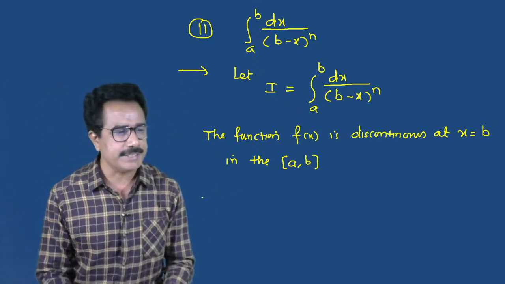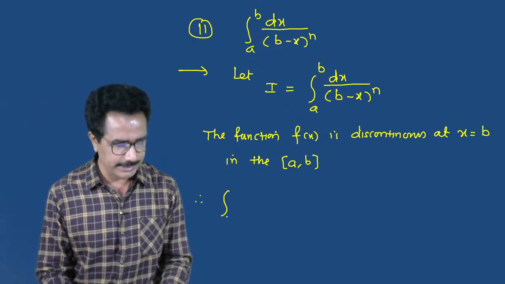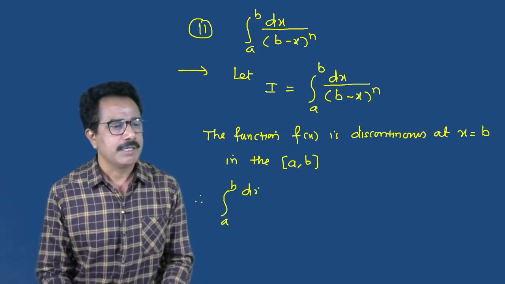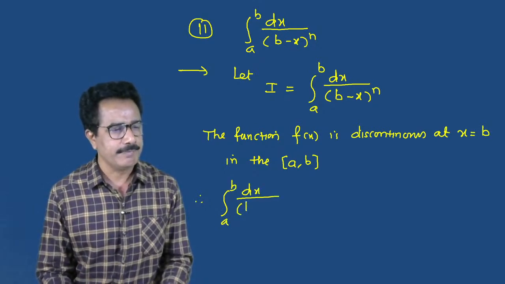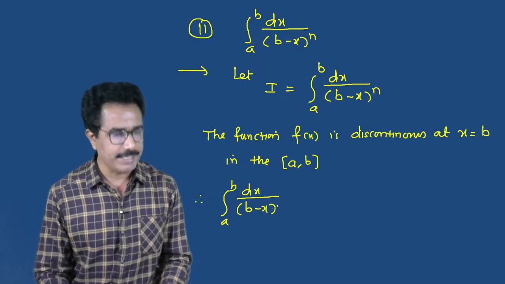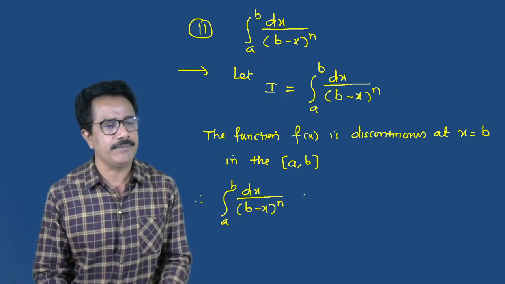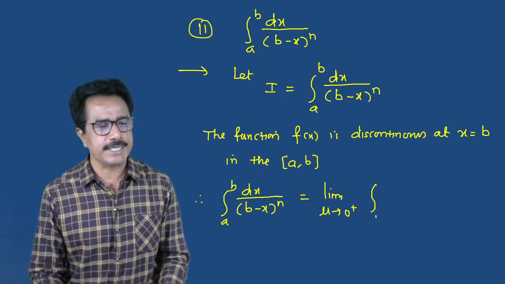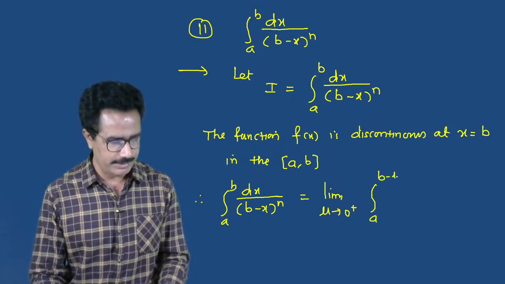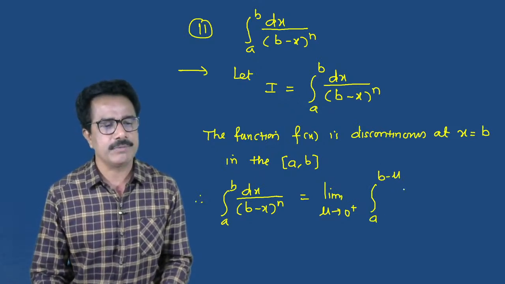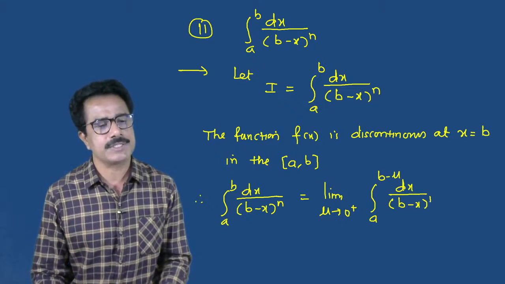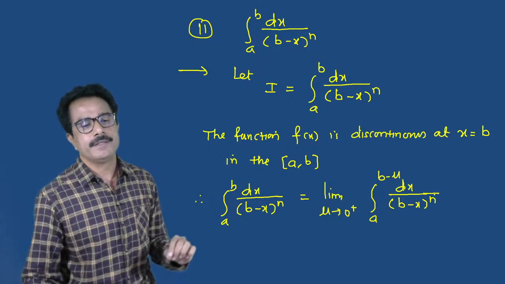So we can write therefore integral from a to b dx divided by (b minus x) raised to n is equal to limit mu tends to 0 positive integral from a to b minus mu dx divided by (b minus x) raised to n.